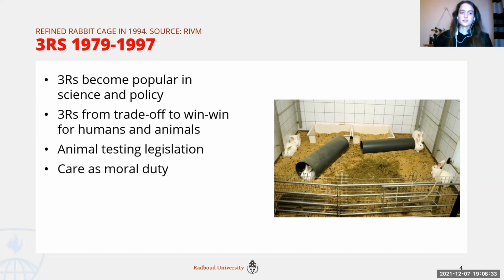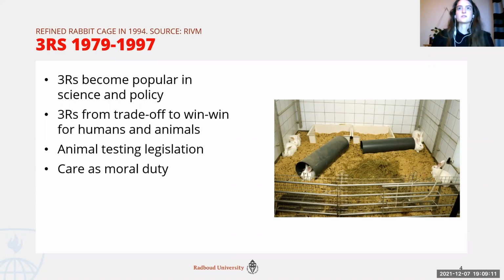Regarding the 3 R's, you can see they become popular within science, but also within policy. Governments create policy explicitly to promote the use of alternatives and also allocate some budget to that. You see national centers for alternatives, and also within institutes, coordination points for alternatives. In the beginning, there was a bit of the language of a trade-off between alternatives and science, a trade-off between animal welfare or even animal rights and science, but then that changes into a win-win perspective.